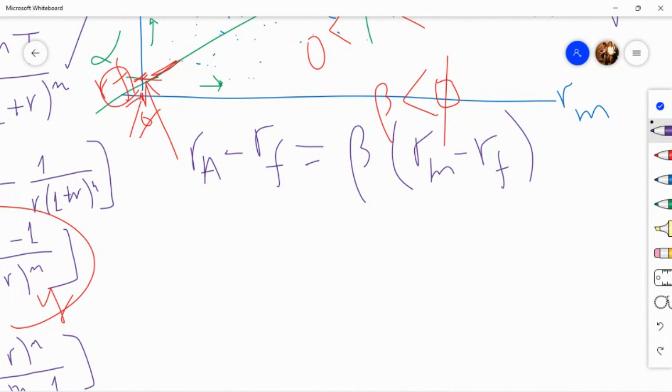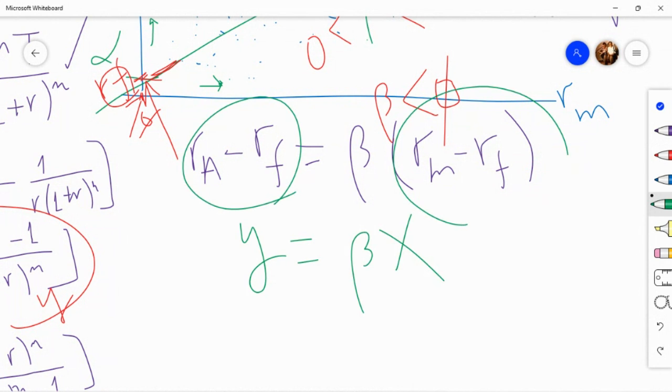think about it. Then this is exactly y equals beta x, right? Therefore, if you want to find only the return on A, then we know what to do.